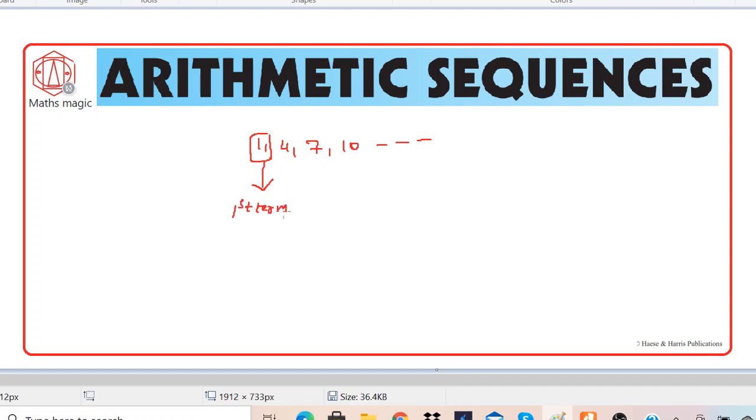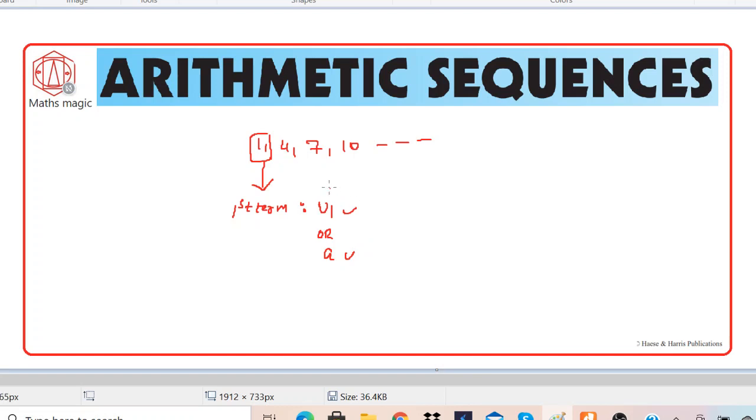The first term can be denoted by the letter U1, or sometimes it will be denoted by A. In some textbooks you will find it's denoted by U1. In some other textbooks you will find that it is denoted by A. So you don't need to be confused with this.